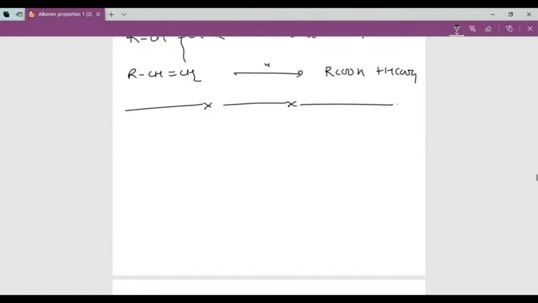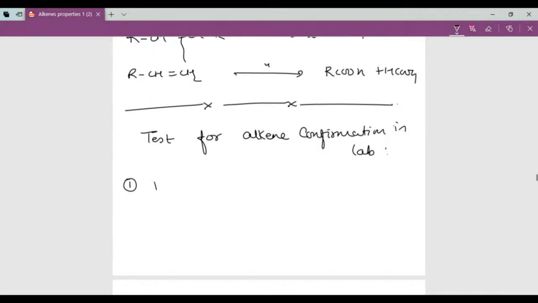Next is their polymerization, which I think all of you know. That is not such a tough reaction, but I'd like to conclude with the tests for alkene confirmation in the lab, that is, unsaturation.